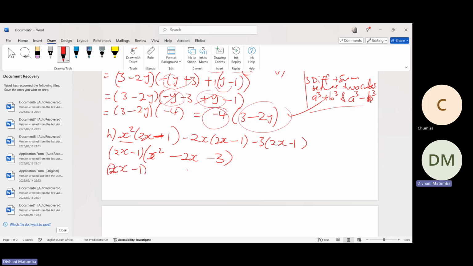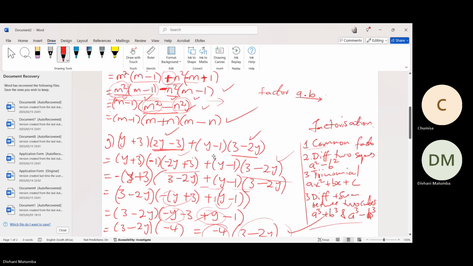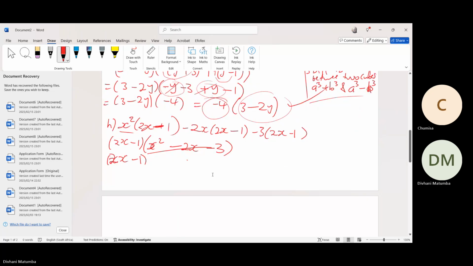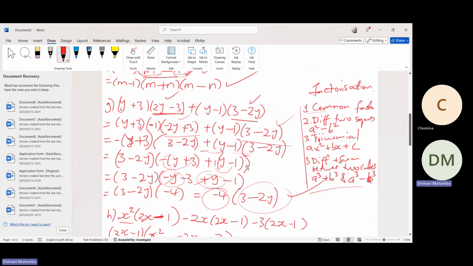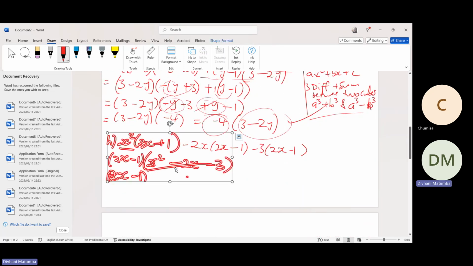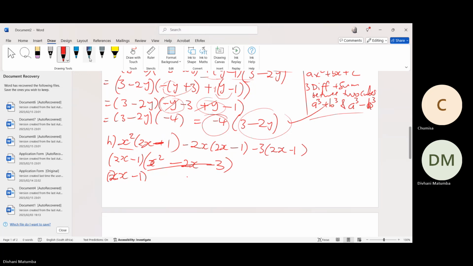Okay, so how do we factorize the trinomial? That's your trinomial expression: x squared minus 2x minus 3.